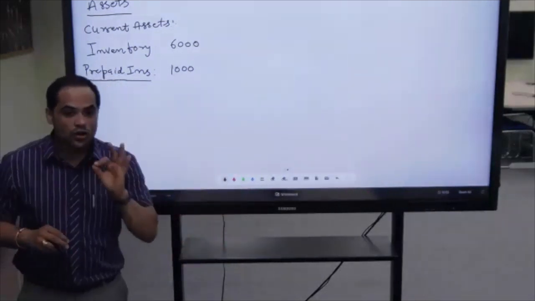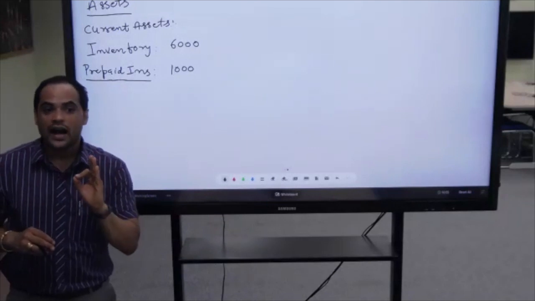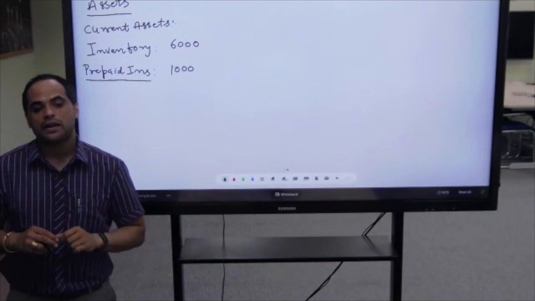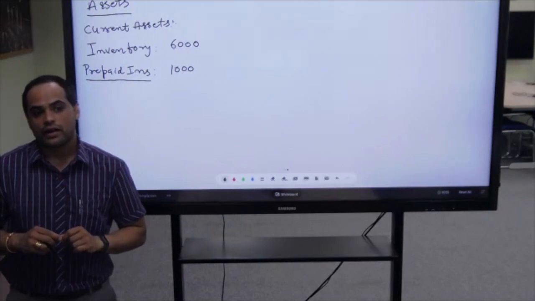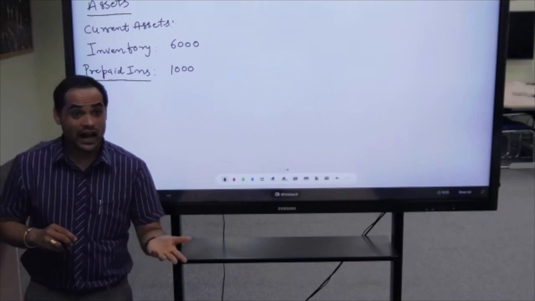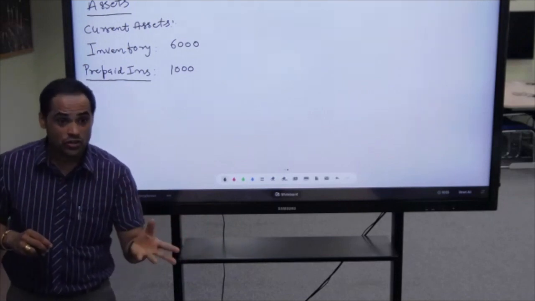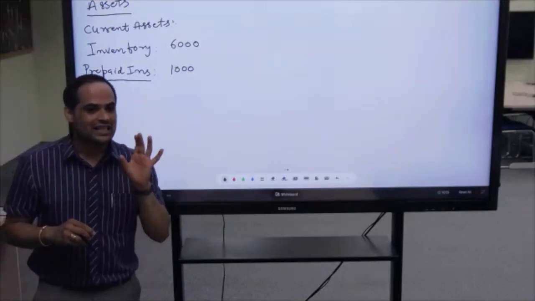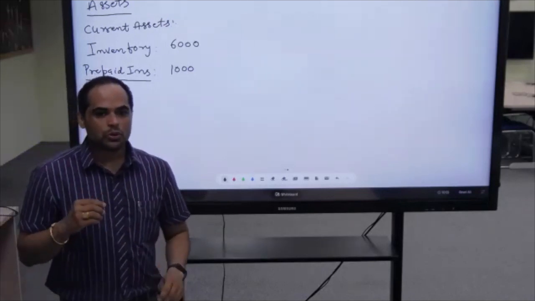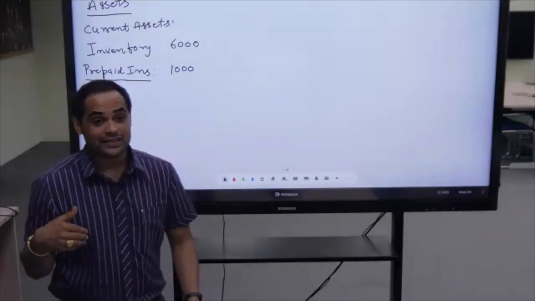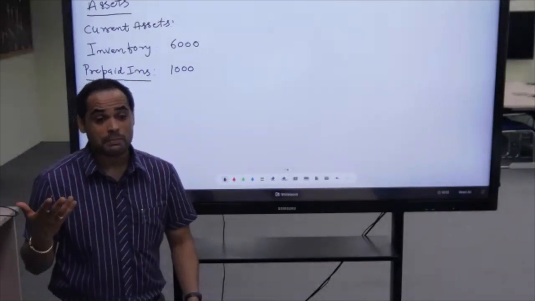All right, 5,700 is the balance of insurance. Here we are talking about only prepaid items, so 5,700 is not a prepaid item. 5,700 is after subtracting the prepaid insurance, which is 1,000. So 1,000 is the money that we paid for next year. We paid in advance, so we call it prepaid.